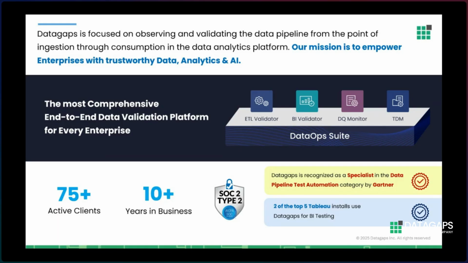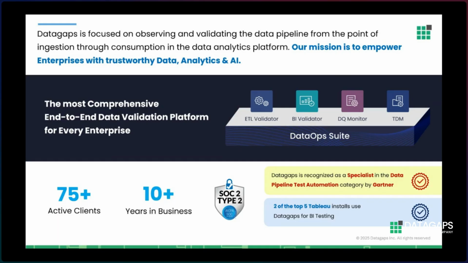You can deploy the suite on-premise or in the cloud. It's fully contained behind your firewall. We never see or retain your data. We are built on Apache Spark. The platform can scale to billions of rows, so you can validate at production level volumes without any kind of sampling. Datagaps is recognized by Gartner as a specialist in the data pipeline test automation category.